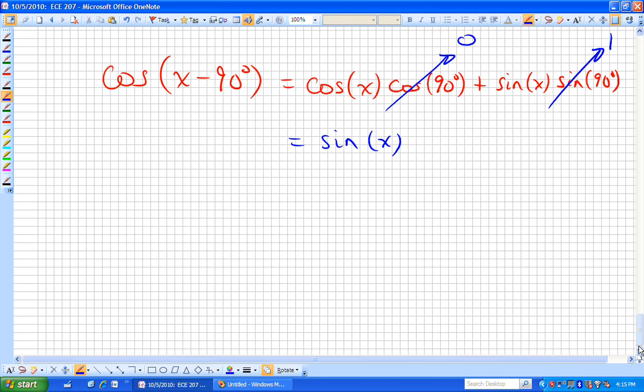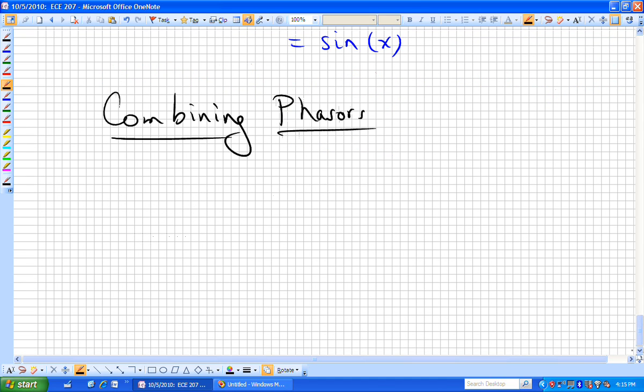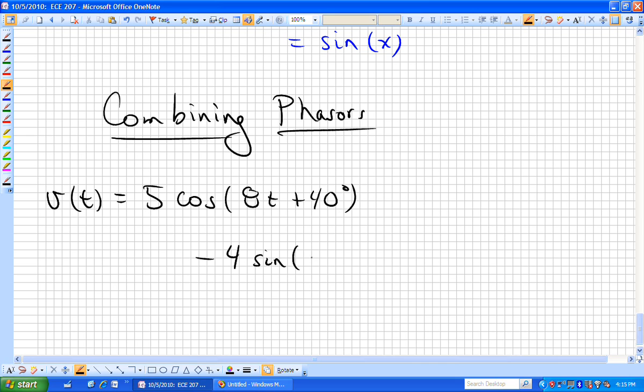Great. So now that we are experts at combining phasors, meaning if I said I have v of t equal to 5 cosine of 8t plus 40 degrees minus 4 sine of 8t plus 10 cosine of 8t minus 30 degrees.